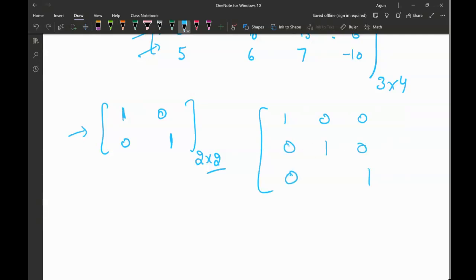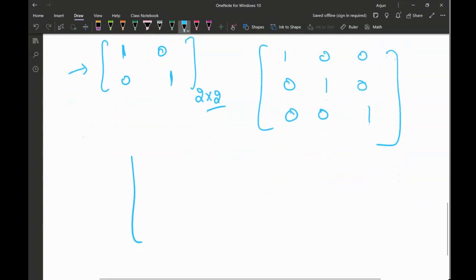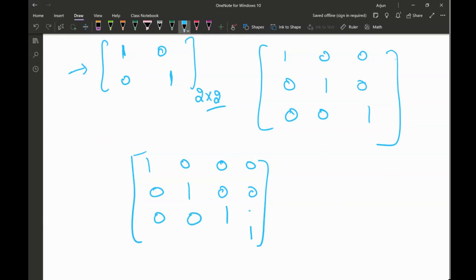Only the diagonal elements are 1 and the rest of the elements are 0. And if I wanted to write a 4 by 4 identity matrix, it's 1 1 1 1 on the diagonal and the rest 0. So this is a 4 by 4 identity matrix.